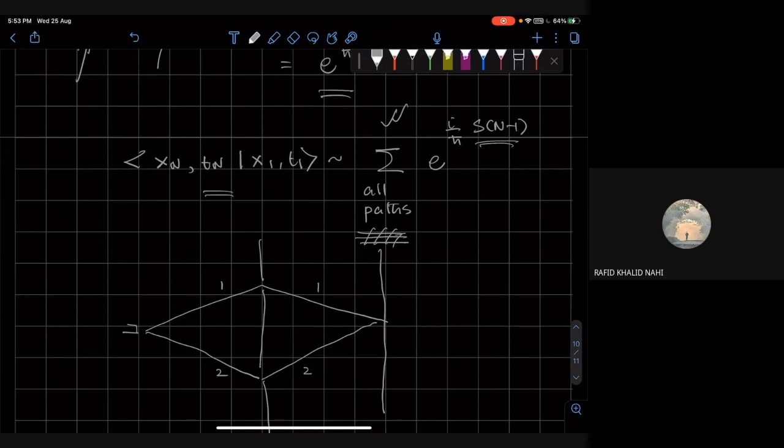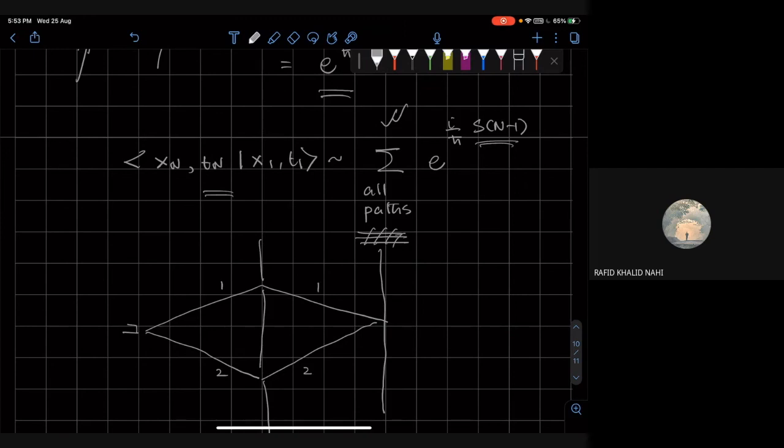Sir, will this summation be in front of the exponential or above the exponential? Like, is it a kind of a product of all those? Sorry, you're breaking up. Can you repeat that? I mean, sir, will the sum be in front of the exponential or above it?